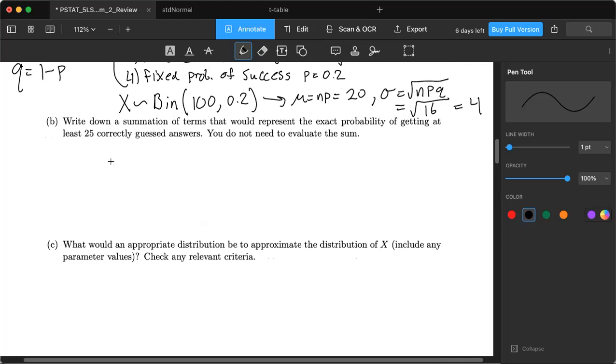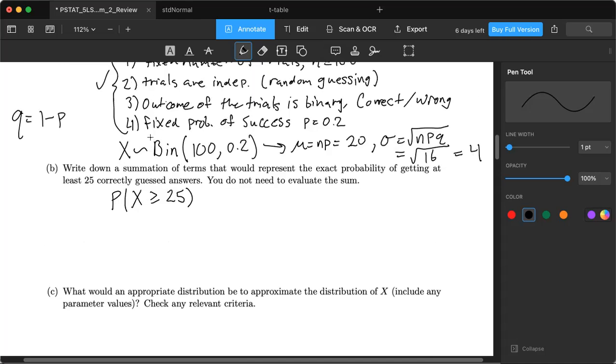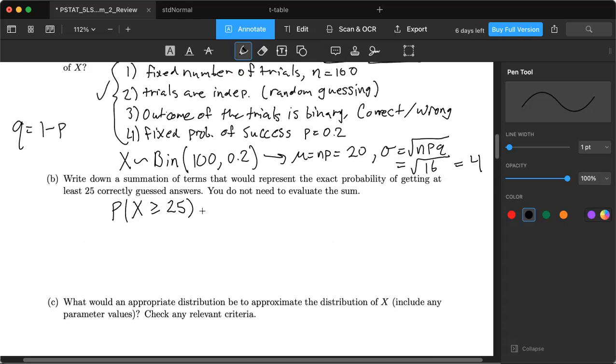So the probability of getting at least 25 correctly guessed answers, in math notation, is the probability of X being greater than or equal to 25, which would be the sum of the probability that X equals 25 plus the probability that X equals 26 plus, and so on and so forth, up until the probability of X equaling 100. But just to have a little bit fewer terms, we could write this as 1 minus the probability that X is less than 25.